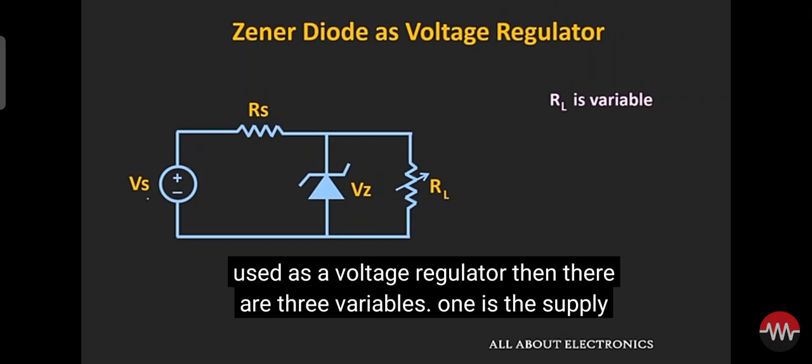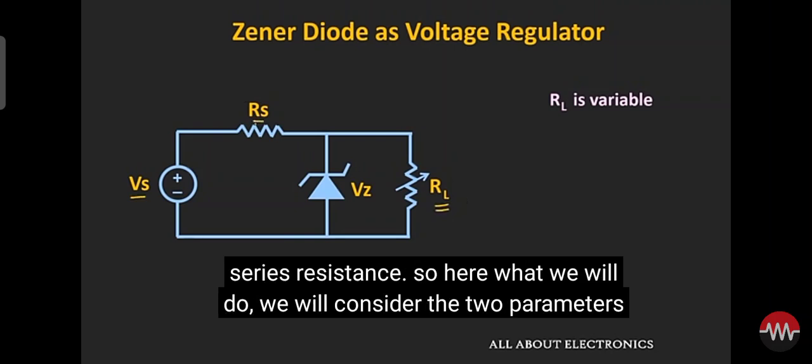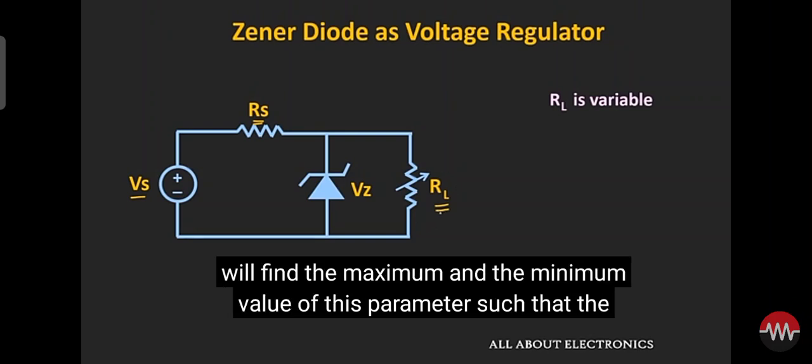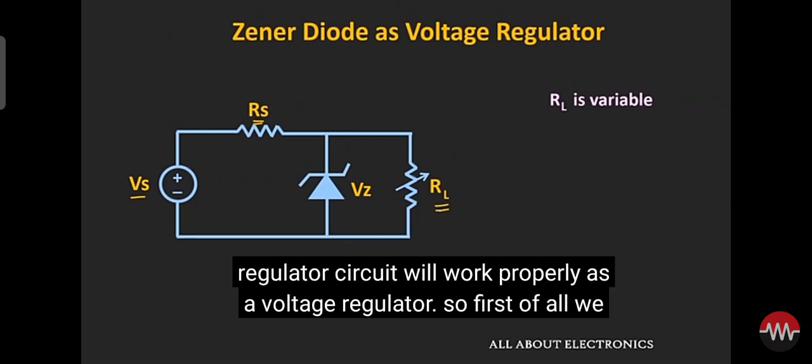One is the supply voltage, the other is the load resistance, and the third is the series resistance. Here we will consider two parameters constant, and assume that the third parameter is a variable, and we will find the maximum and the minimum value of this parameter such that the Zener diode will operate in the breakdown region, or in other words, this regulator circuit will work properly as a voltage regulator.